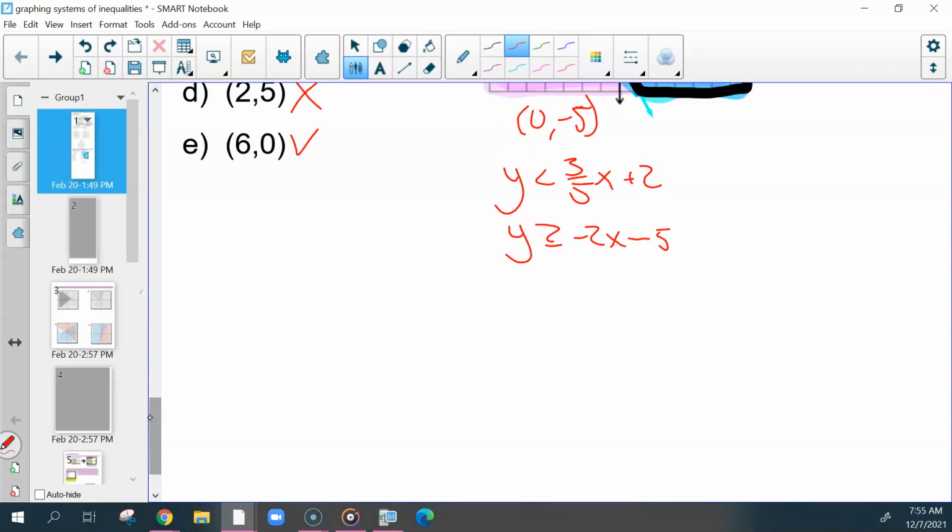For the first one, this would be -5 is less than 3/5 x times 0 plus 2. This would become -5 is less than 0 plus 2, or -5 is less than 2. Is that a true statement? -5 is not less than 2? Oh. Yes, it is a true statement.